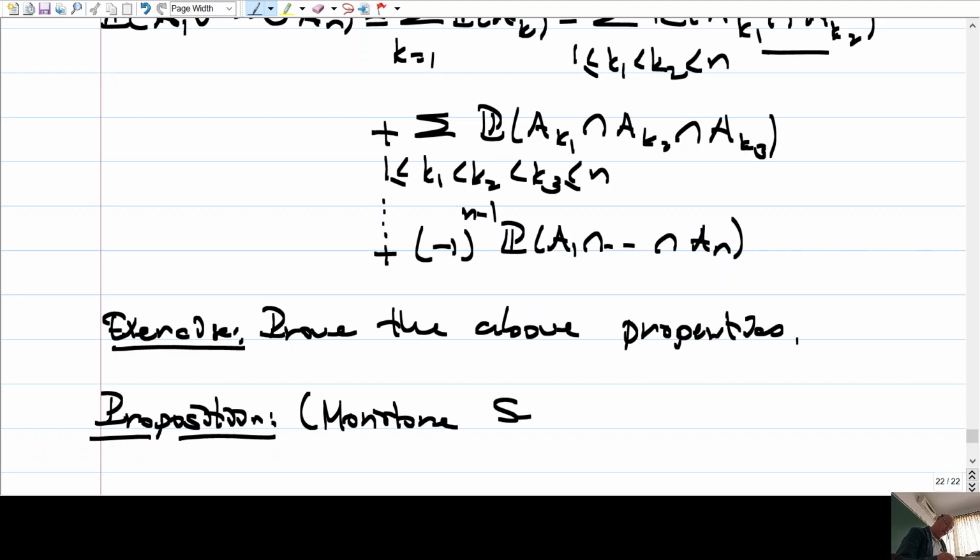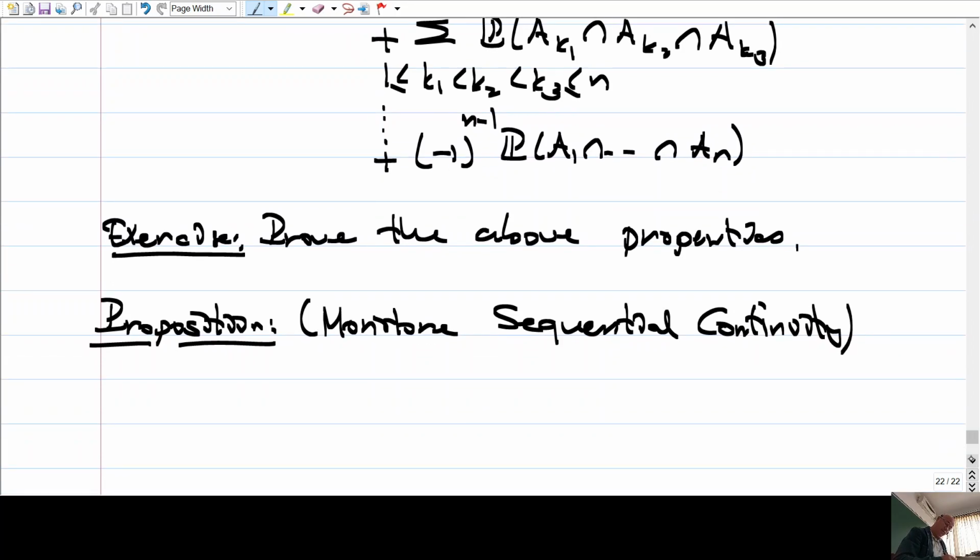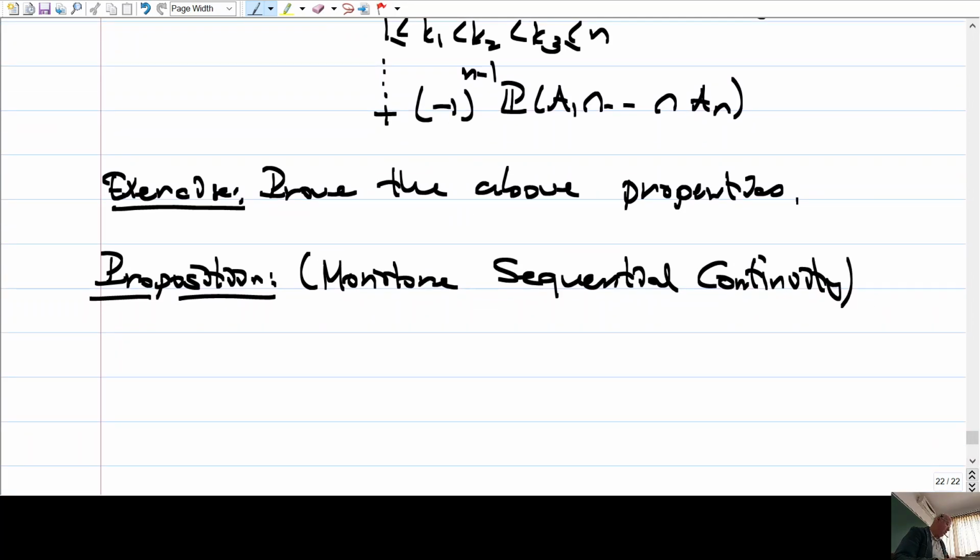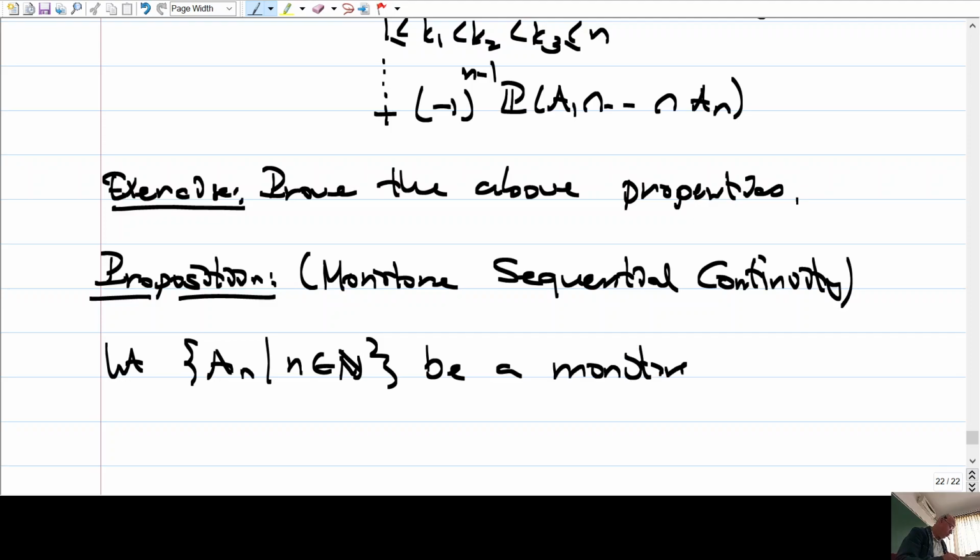Monotone sequential continuity. Let An be a countable family, a monotone sequence in A. So it is either increasing or decreasing, okay?